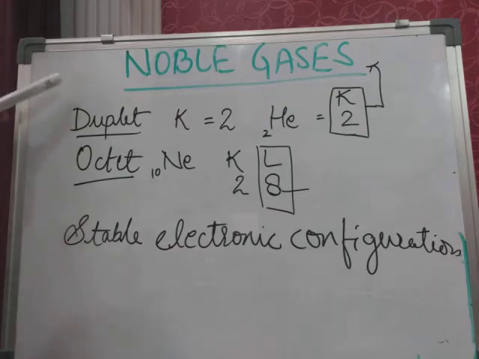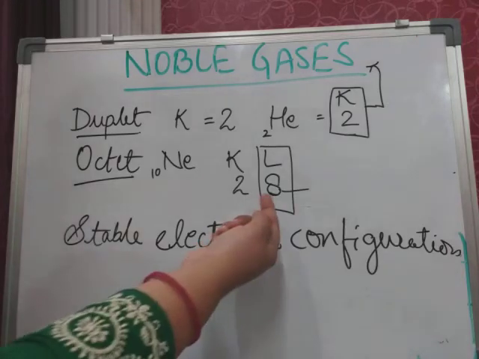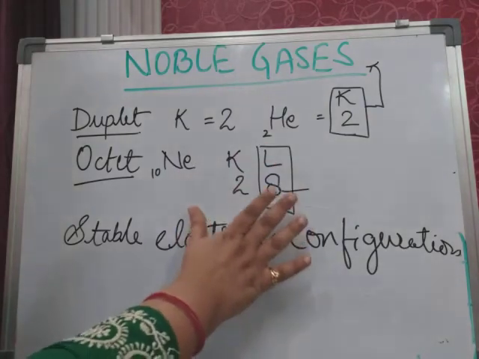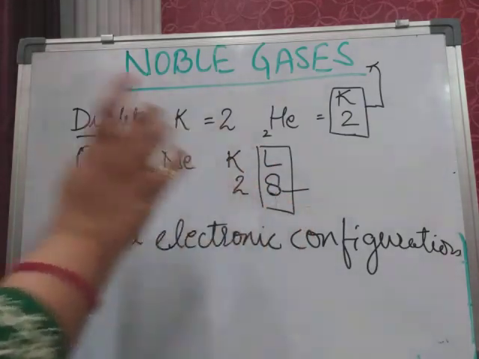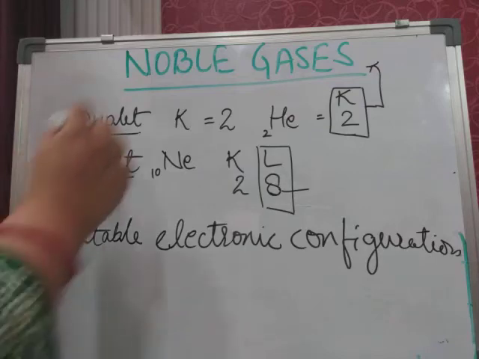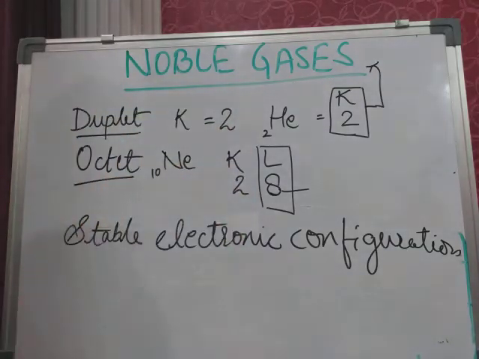Stable means their valence shell is complete, and they do not gain, lose or share electrons. Their atoms are extremely unreactive. Non-reactive, just because they have 8 electrons in their outermost shell. That is the only reason these noble gases are non-reactive gases.